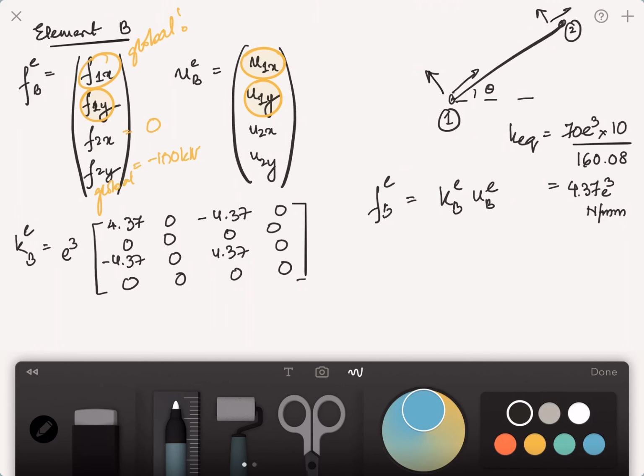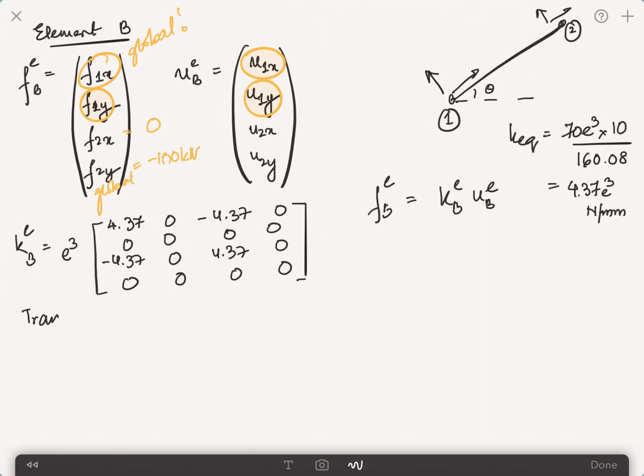Now let's set up the transformation matrix. We already have the relation for the transformation matrix, so it's nothing fancy.